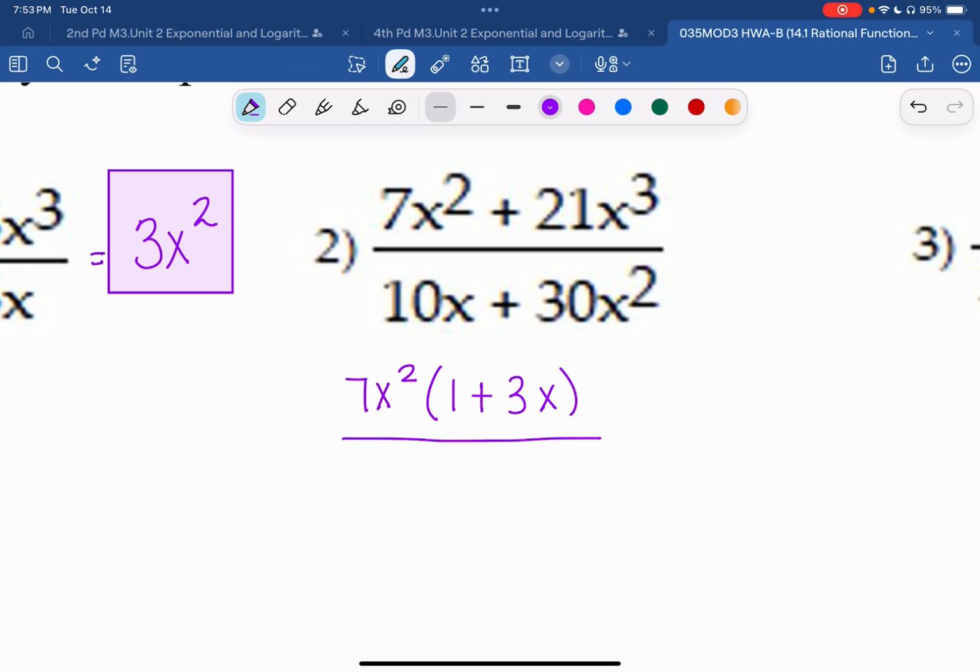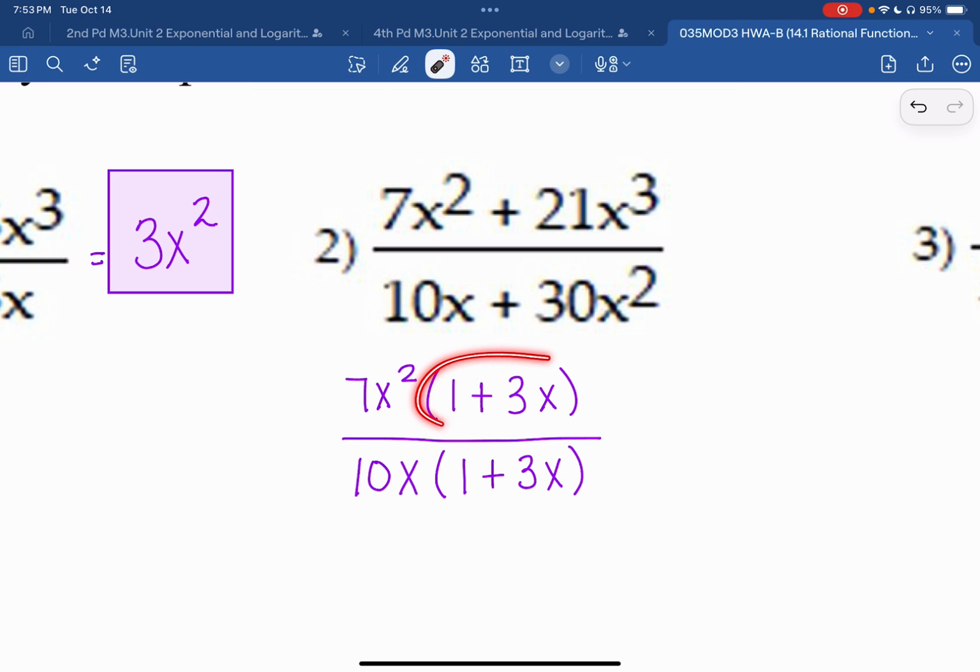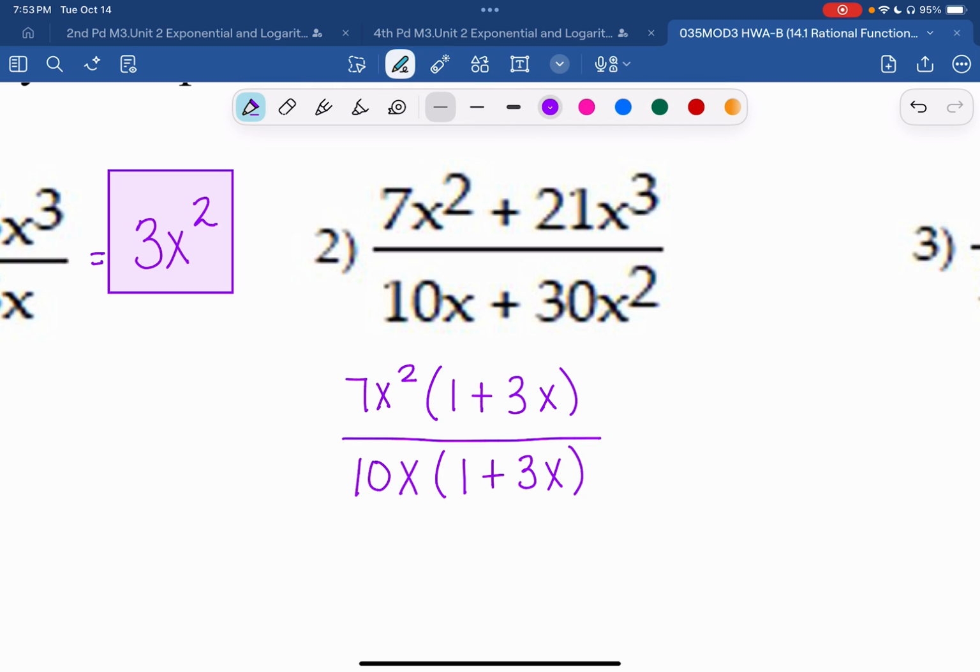Now I'm going to factor the same thing at the bottom. I'm going to look for a GCF, and that GCF is 10. And they both have an x. That leaves me with 1 plus 3x. Now notice these are the same. So I have a common factor that I can cancel.